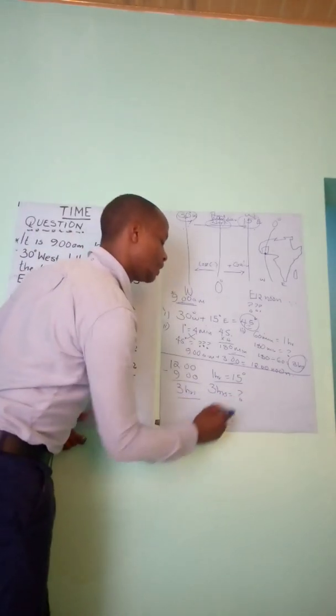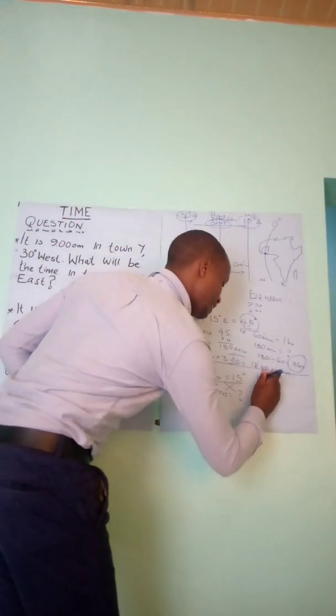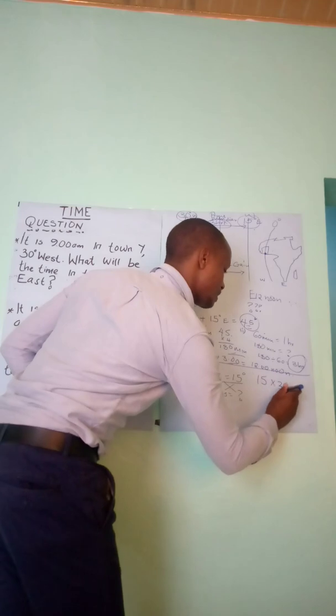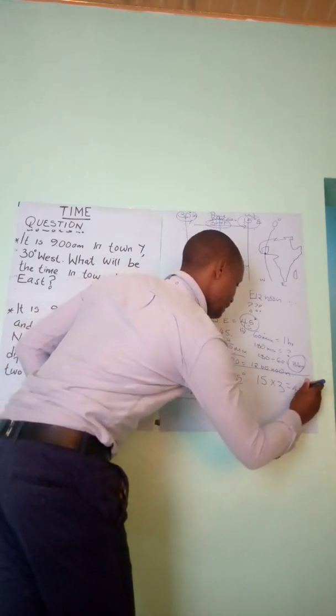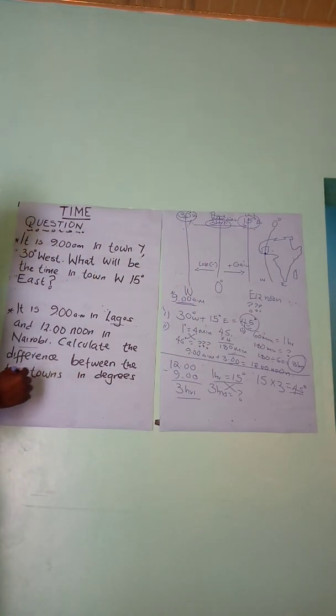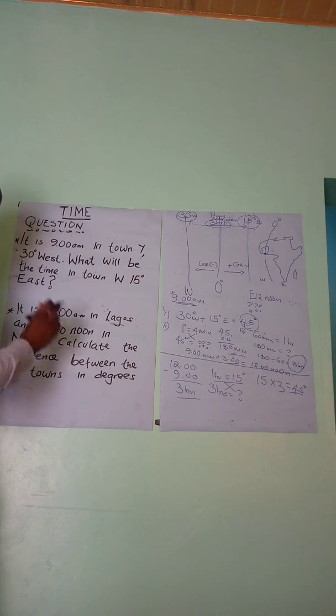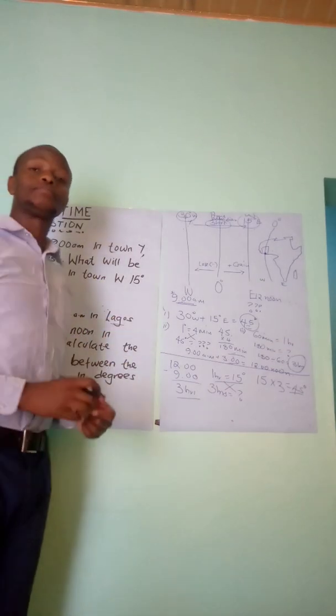We cross multiply. It means 15 degrees times 3 hours, which equals 45 degrees. Therefore, the difference between Lagos and Nairobi is going to be 45 degrees.